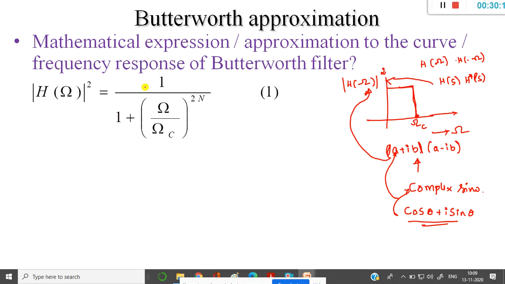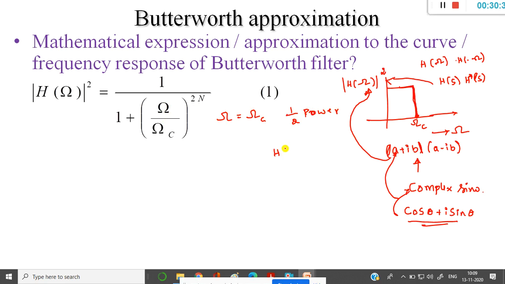So that's where Butterworth has given the frequency response to design the Butterworth filter: 1 over 1 plus omega by omega c. You can observe that when omega reaches omega c, I am going to get a sharp edge. If I put omega equal to omega c, I get half power. What do you mean by half power?